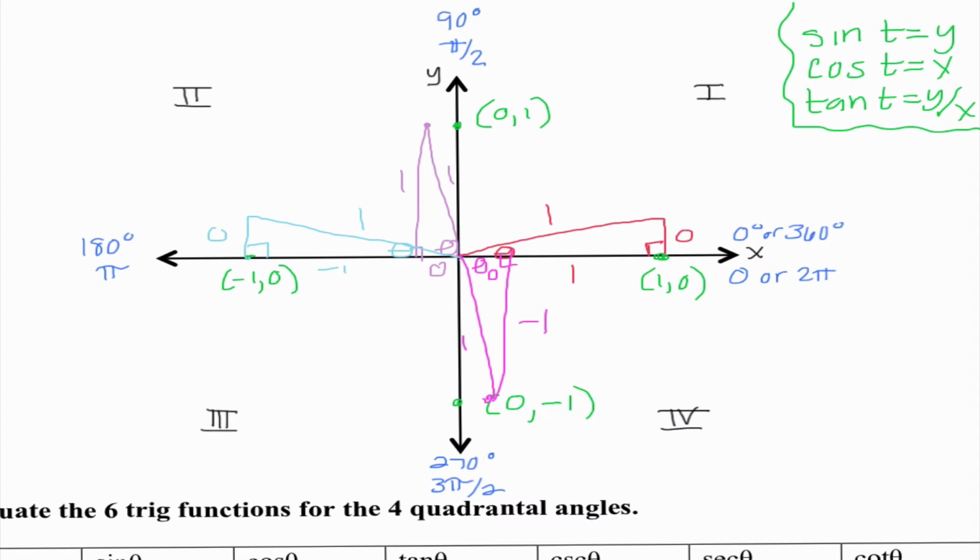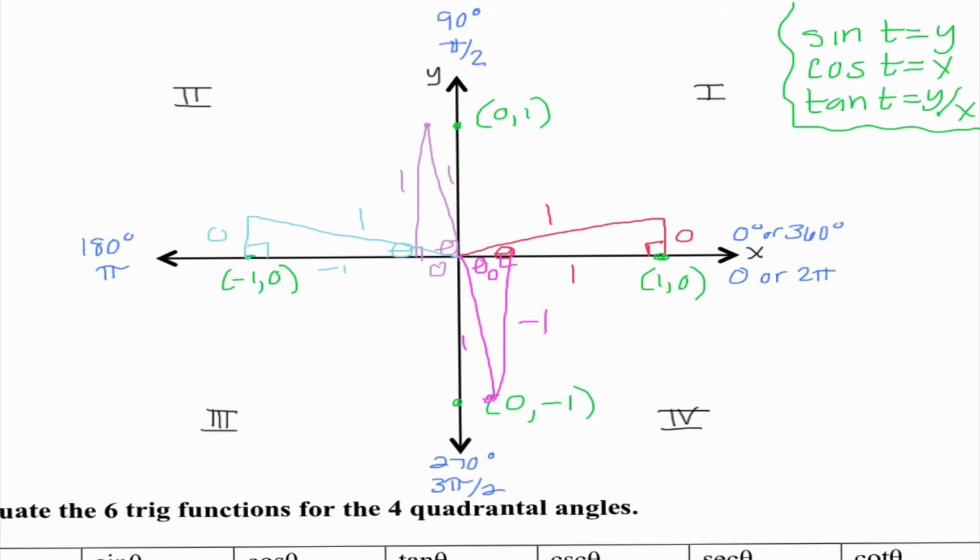These triangles are kind of weird. I personally think they're a little confusing, but for some of you, you might like using them. So I just want to demonstrate. For example, sine of 0, if I'm looking at this triangle, sine is opposite over hypotenuse, 0 over 1 is 0. The other way we could do it, if I just know this ordered pair, sine is the y value, which is 0.